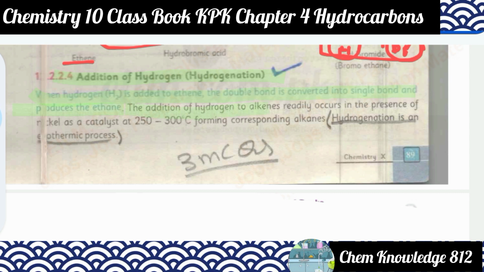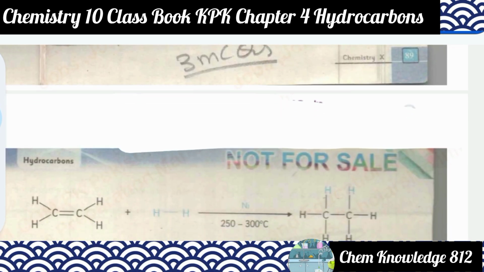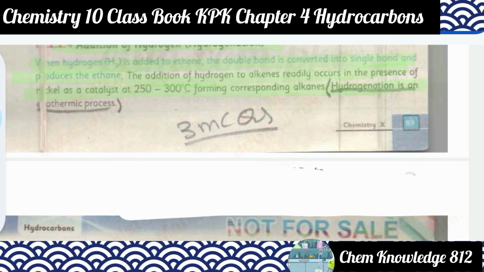The addition of hydrogen to alkenes readily occurs in the presence of nickel, the catalyst, at 250 to 300 degrees Celsius, forming the corresponding alkanes. Hydrogenation is, you can say, an exothermic process.